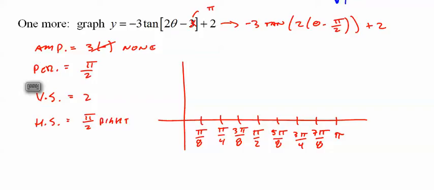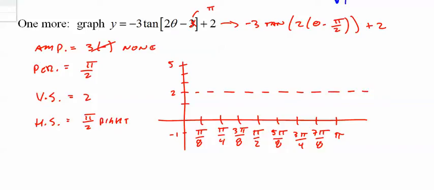Pi. Working for a living. Still not color yet. Go up 2. Go up 3 more. Still not ready for color.